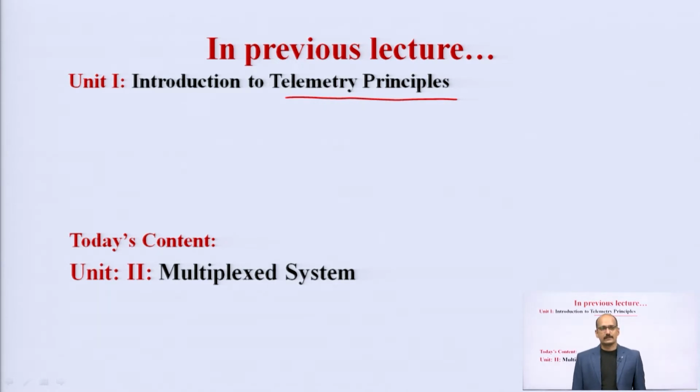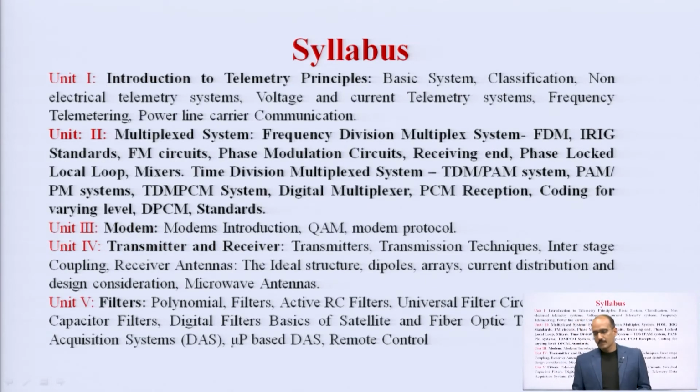with the multiplex system. So, basically what is multiplexing? Our first question regarding this unit, this multiplex system, is related to the syllabus. Basically, when we are talking about the multiplex system, we are going to consider two main things.